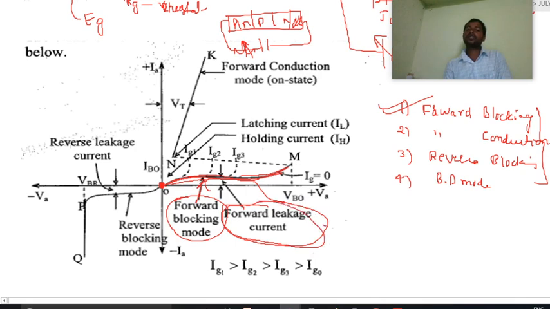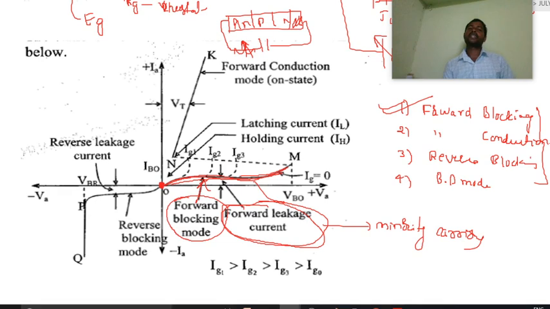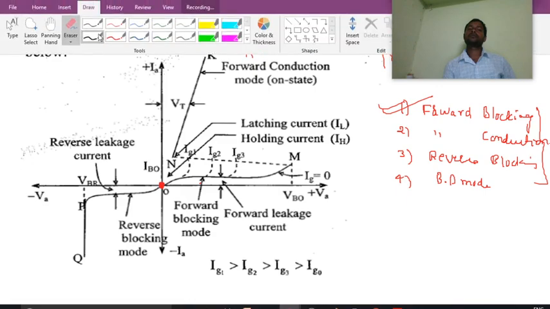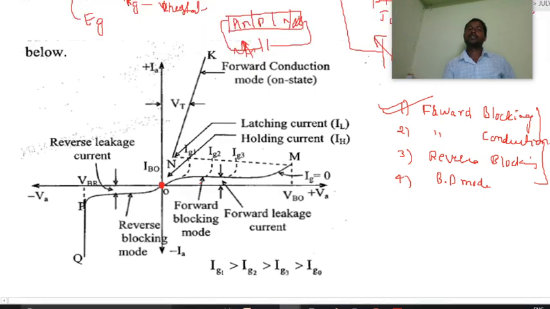Forward leakage current is due to the minority carriers. Due to the minority carriers, forward current flows, and this is called the forward blocking region.